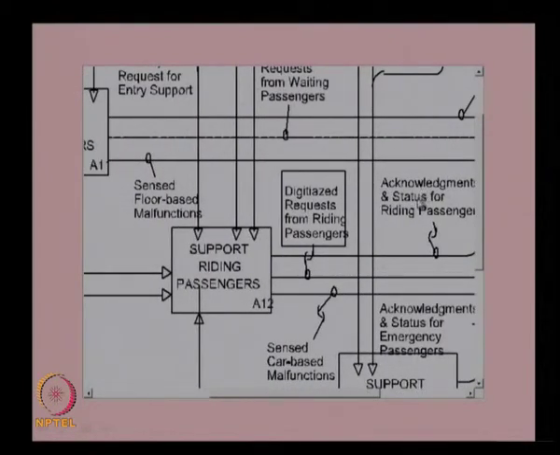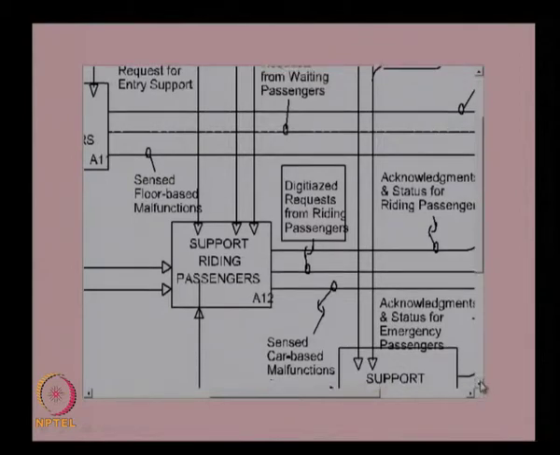And similarly, acknowledgements and status for riding passengers. So riding passengers also will get an acknowledgement and the present status of the elevator, or whether the request has been accepted or received. That information will also be provided by this particular function.